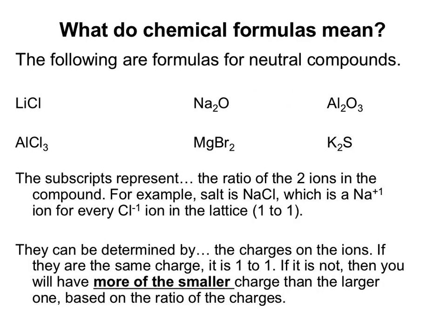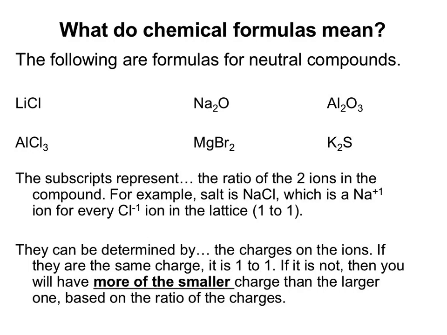All right. So, in these formulas, the subscripts are representing how many of each ion you have in the simplest formula. You don't have to write my examples in these words, by the way, because you got the examples up above. But these are determined by the charges on these ions.